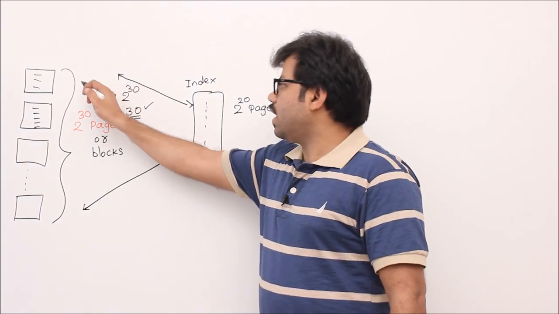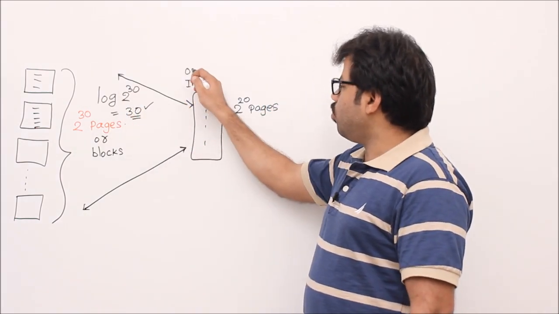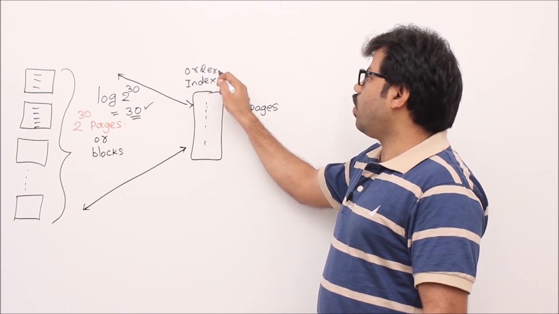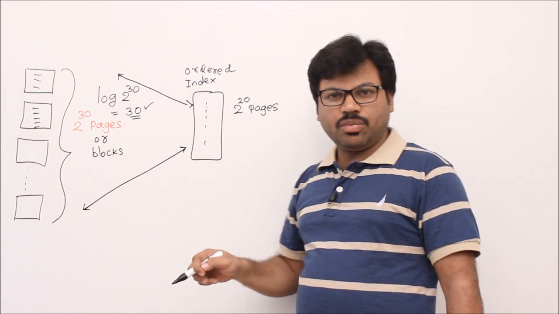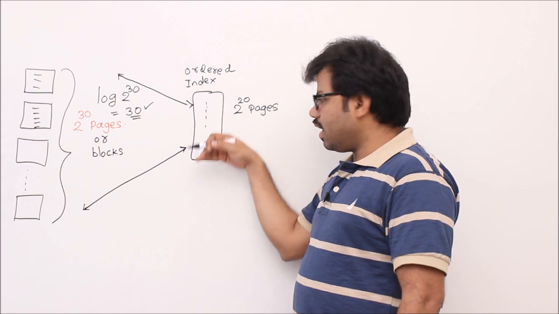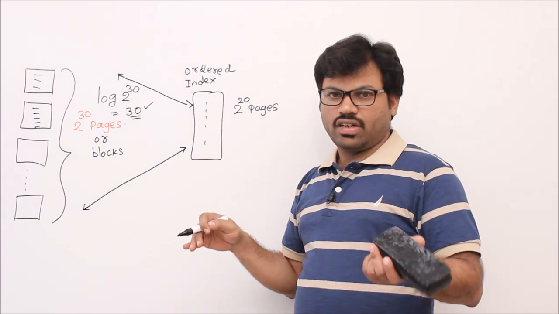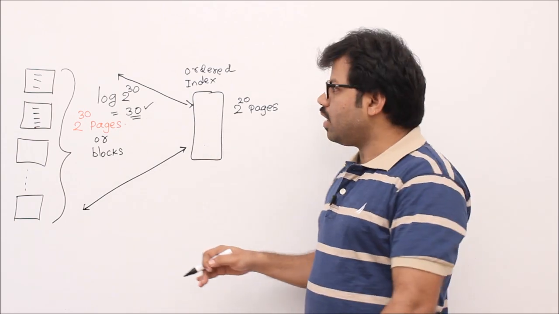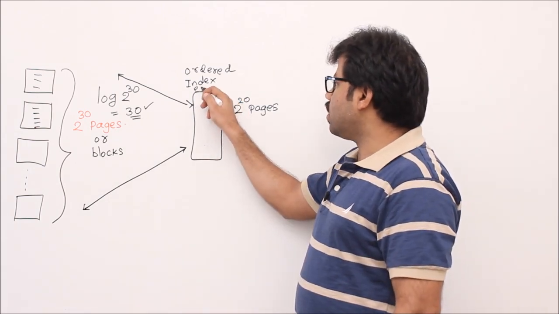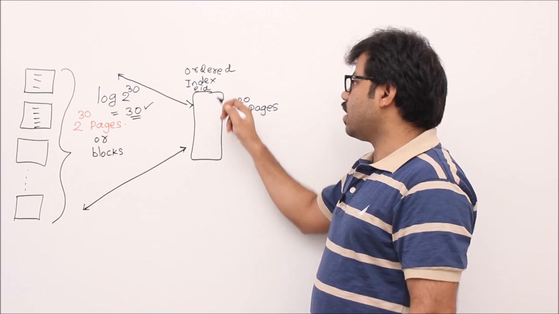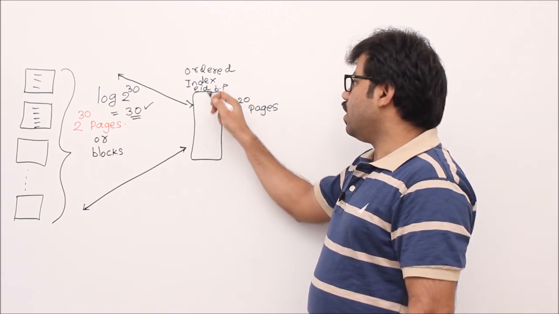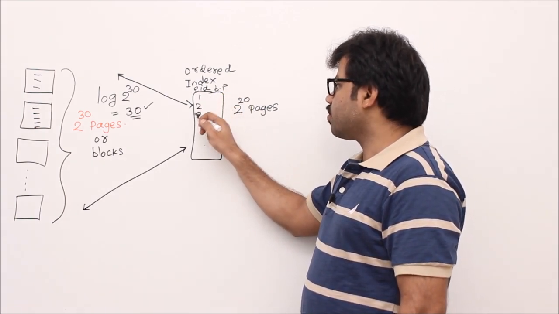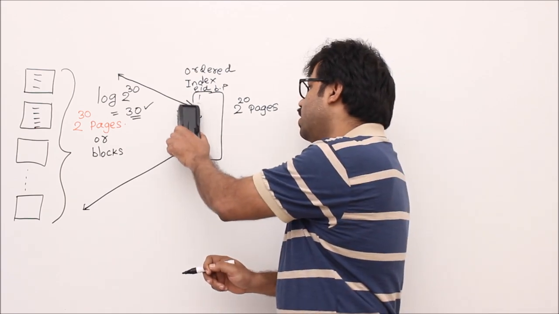And when you create an index, most of the time we go for an ordered index. That means we create the index also as an ordered file, right? We have seen it, for example, primary key indexing. In primary key indexing, we create the index on the employee ID field and a block pointer. So I have created my index as ordered data.